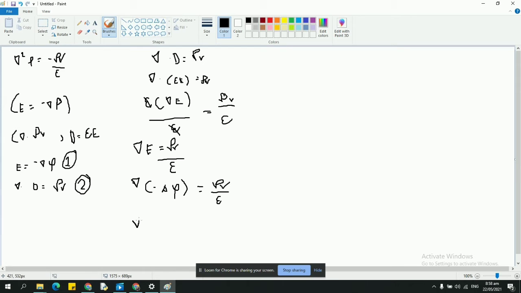So here is Poisson's equation: negative del squared of phi is equal to rho v over epsilon.